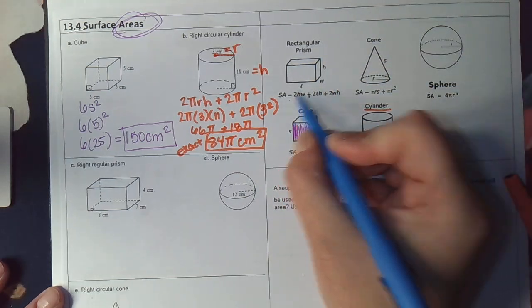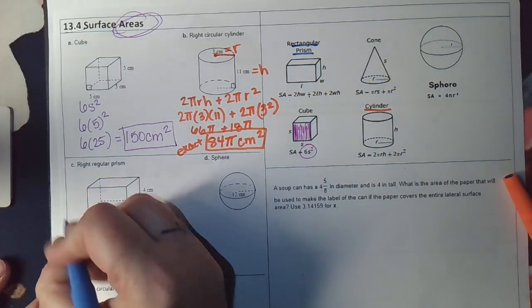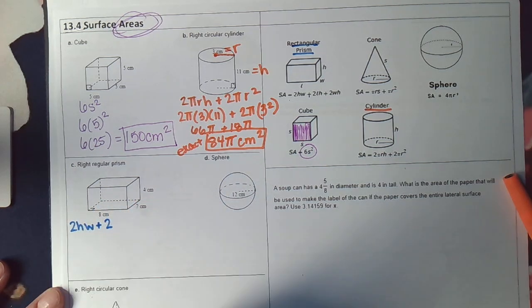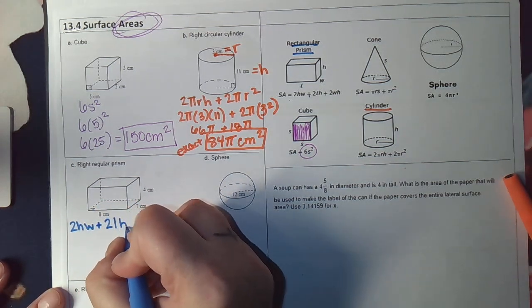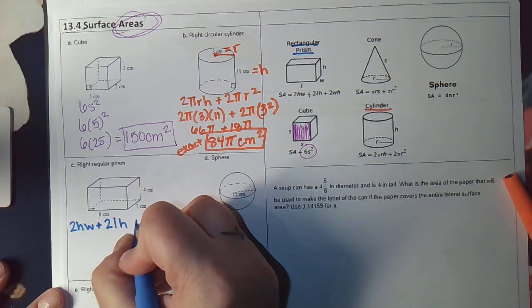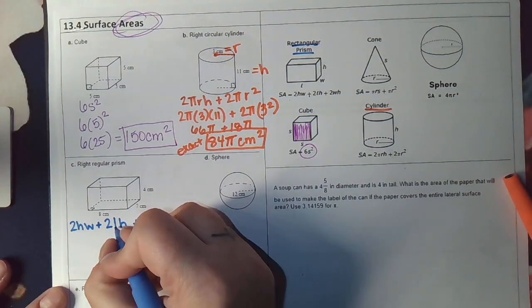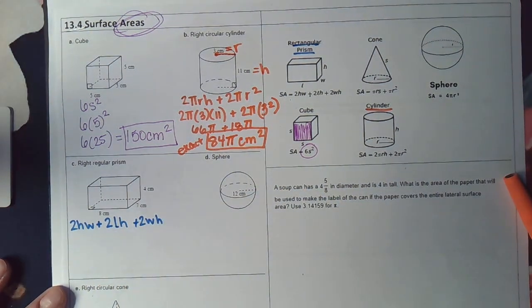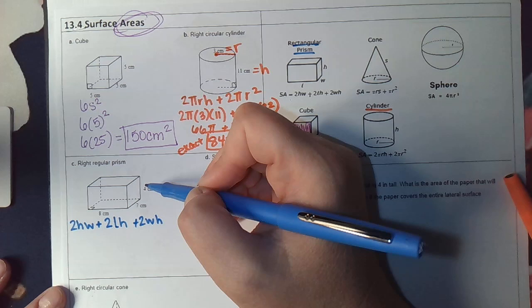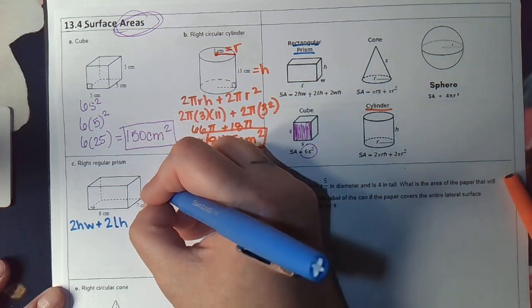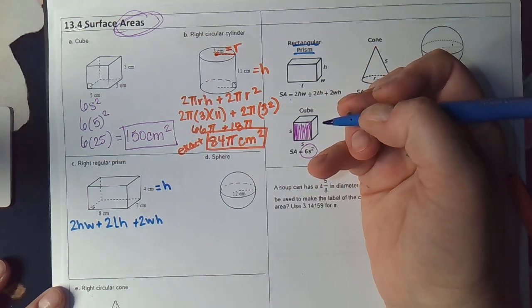His formula says 2HW plus 2LH plus 2WH. Okay, well, let's look at all these numbers. The 4 is the up and the down. That's the height, like a flagpole standing up in the air.